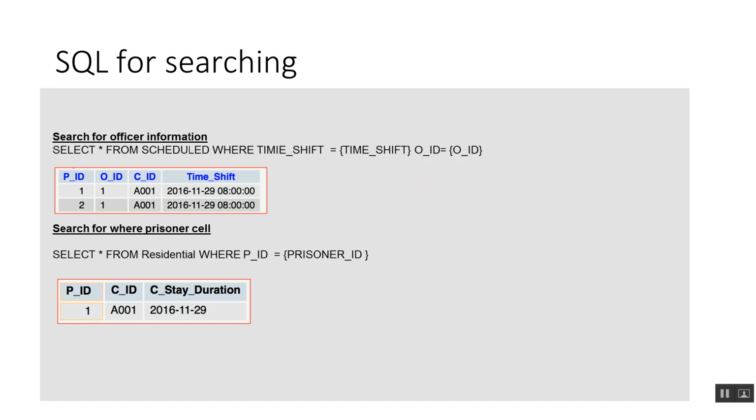If we search for the officer information, we get the PID, prisoner ID, and OID which is officer ID, and cell ID, and time shift of the officer. If we search the prisoner cell, we get the prisoner ID, cell ID, and stay duration.